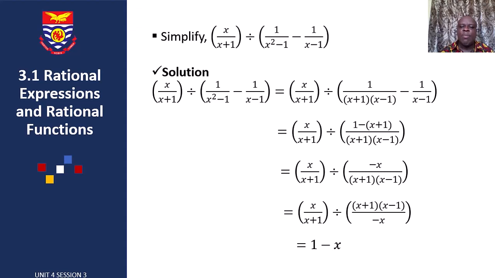Then we maintain the first rational expression, and this time round, we change the division to multiplication, and then we do a reciprocal of the rational function at the right, so that the denominator goes up, (x plus 1) in one bracket, (x minus 1) in the other bracket, all over. Then the numerator comes down to negative x. Then we do cancellations and simplify, and we are left with 1 minus x as the answer.